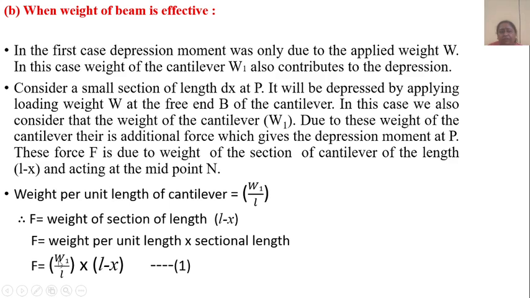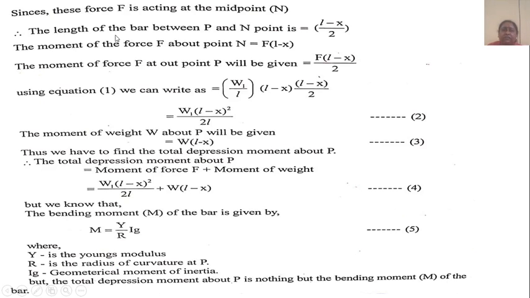Therefore, F equal to W1 upon L into L minus x. Here this force F is acting at the midpoint N. Therefore, the length of the bar between P and N is L minus x upon 2.